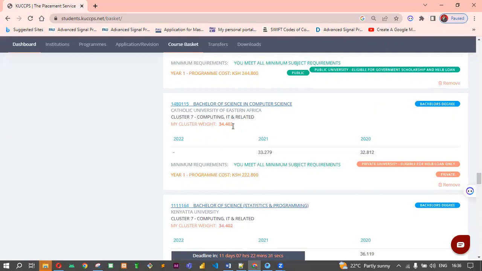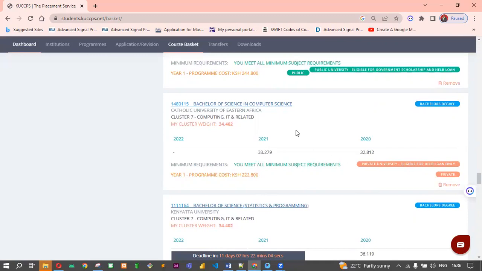Yes, it's a private university, but I can see that you are eligible for HELB loans only. You are not eligible for any other government provision. So that is the challenge for you to qualify for private universities. If you take Catholic University, you are only entitled to a HELB loan.